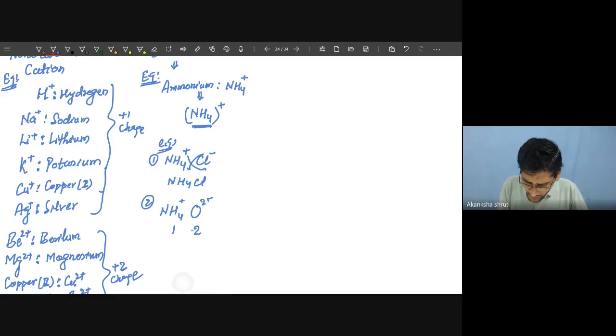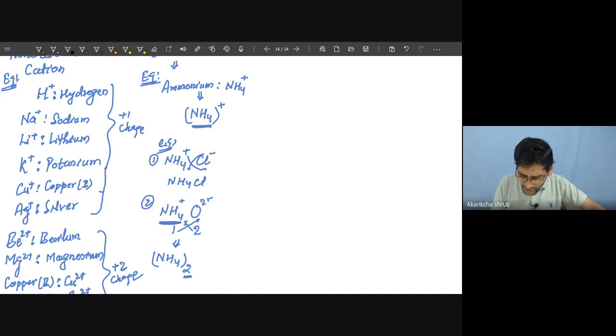So keep in mind, this 2 has to be multiplied with the entire ammonium NH4. So NH4 has to be kept in a bracket, then this 2 we need to put, and for oxygen the suffix 1. So the formula becomes like this: NH4, since this unit has to exist 2 times to neutralize the charge, so NH4, after that this 2.